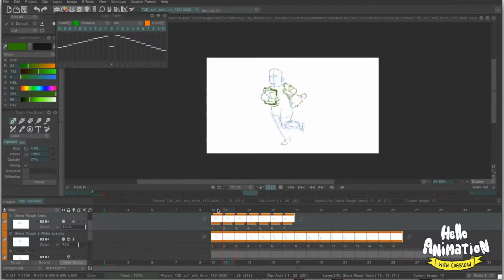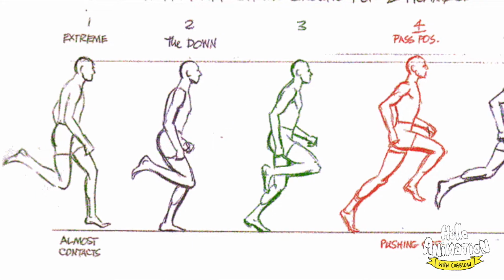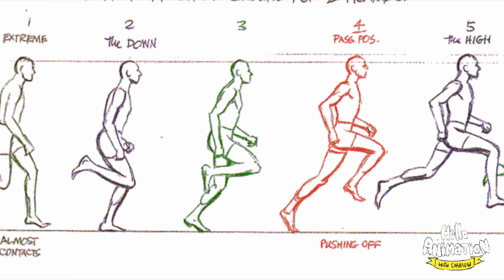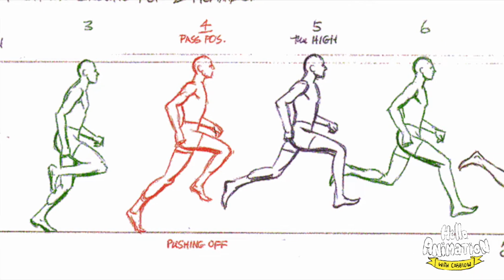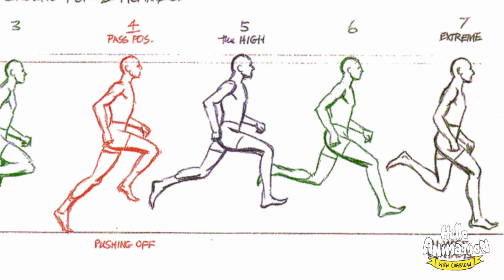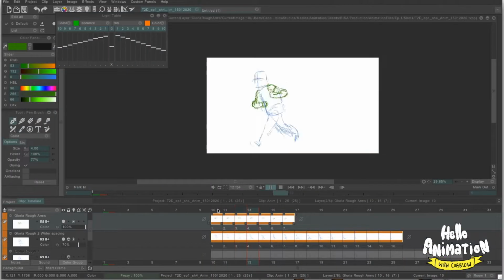So the basic way that I built up Gloria's run was with these key poses that make up a run cycle, where you have your contact pose, you've got your down pose, you've got your pose where she's up in the air, you've got your pose where she's switching legs. So as I was building up the rough animation for Gloria, I built it up using this run cycle and tweaked it so that it doesn't feel too much like the template and too mechanical, but a little bit more feminine in the way that Gloria moves.